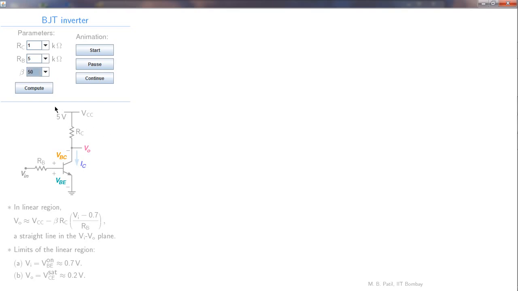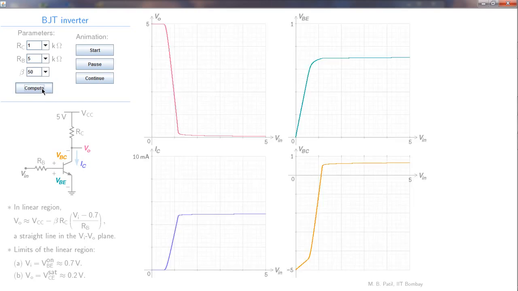Let us now compute the VO versus VI and other quantities, and these are the graphs. So that is VO versus VI. It looks familiar. We have seen that in the last slide. These other quantities we did not see explicitly, so let's look at these now.